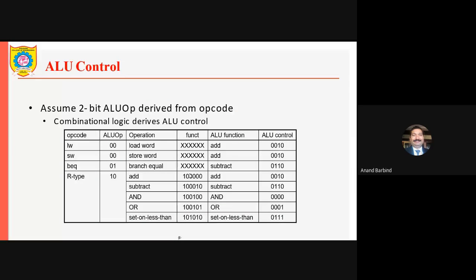The operation is encoded. That means when the control unit finds that it is 100000, then it comes to know that the add operation is to be performed, and it will send 0010 to the ALU so that add operation is performed on the operands. If the function bits in the instruction are 100010, then subtract operation will be performed, and to the ALU this 0110 is sent.